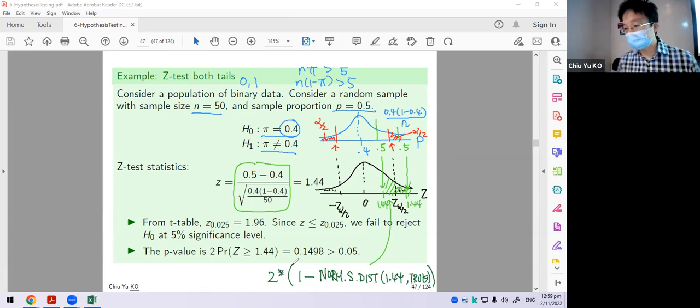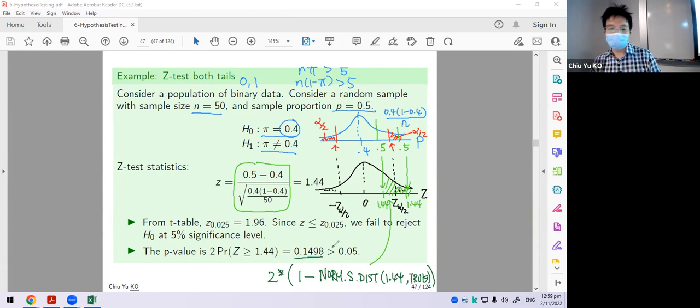Let me repeat the statement here. I need to subtract from 1 because I need to look at the right area, and I multiply by 2 because I calculate the p-value, which is 2 times the area in the two-tailed test. If it's one-tailed, then you don't multiply by 2. So it turns out to be about 15%.